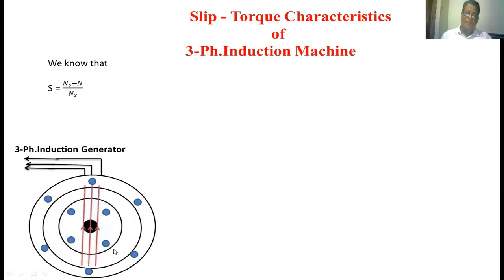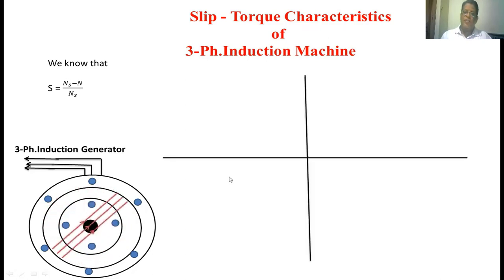If you observe this diagram, the speed of the rotor is more than the speed of the flux. Now the slip value becomes negative. When the slip is negative, the same machine operates as a generator. But in this case, the speed of the rotor is more than the stator flux by means of an external prime mover.